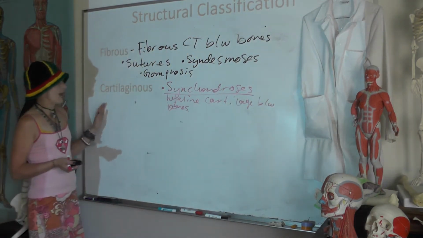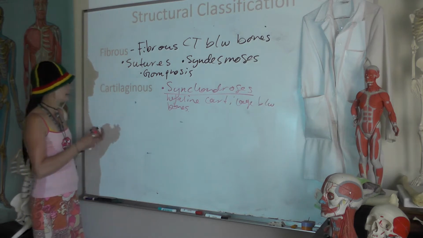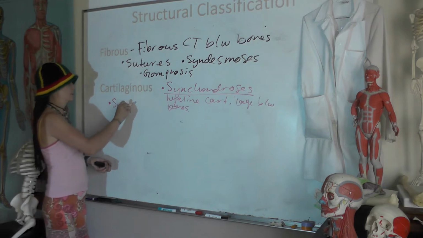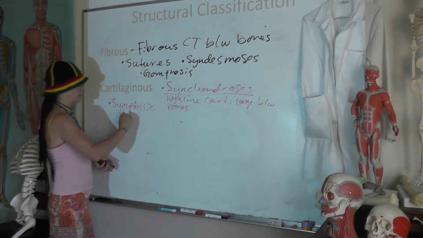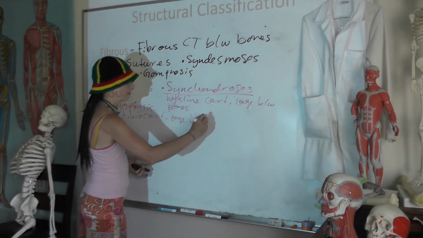Now, if we have fibrocartilage between the bones in the joint, that is a second type of cartilaginous joint called the symphysis. In a symphysis, we have fibrocartilage between the bones.